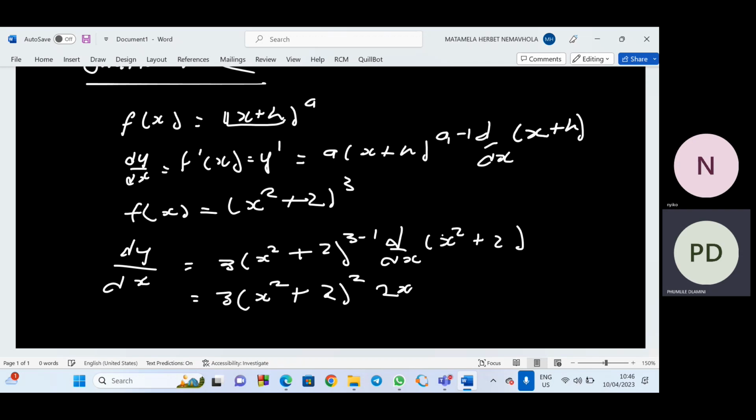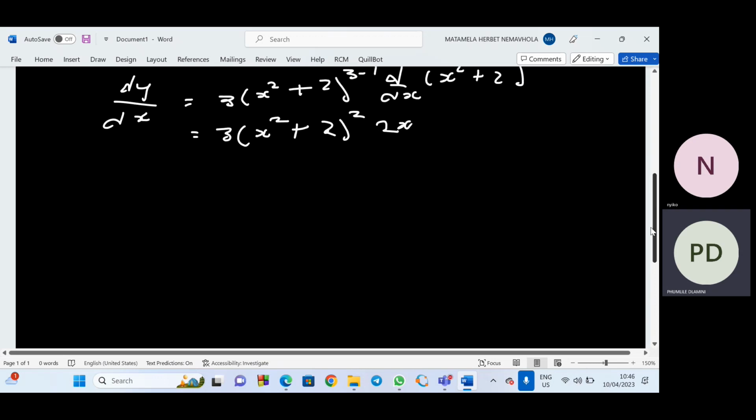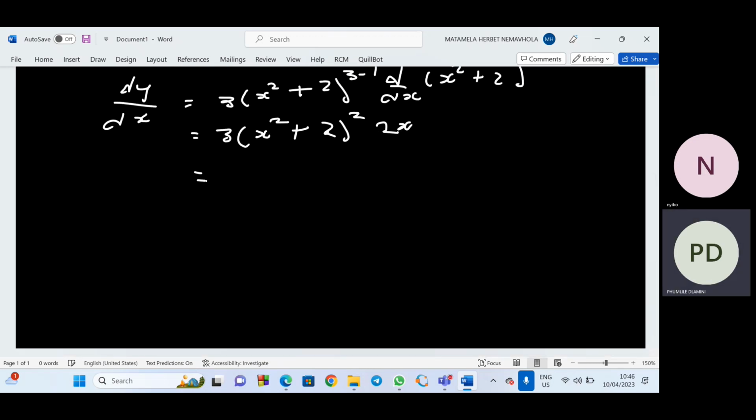It's 2x because the 2 in x squared goes down, and the 2 added is a constant, so we just ignore it. Then you can simplify if you want. 2 times 3 is 6, so it is 6x times (x squared plus 2) squared. Sorry, 6x, not 8.